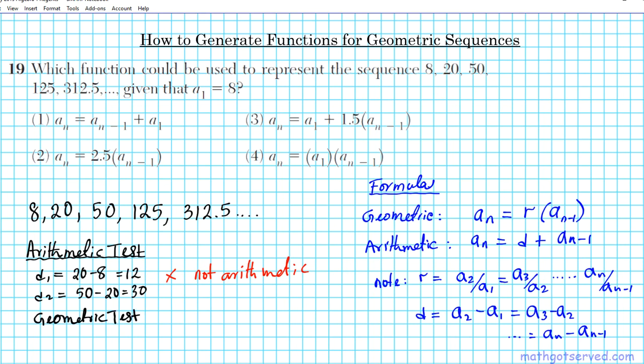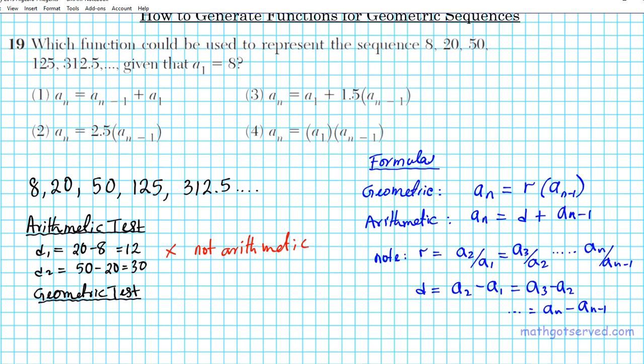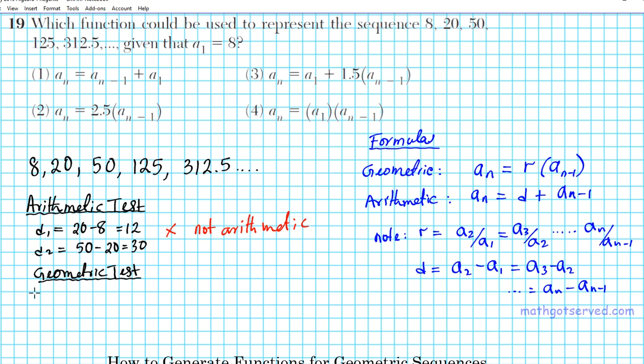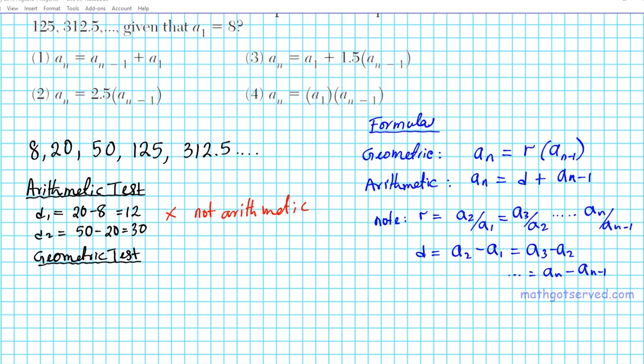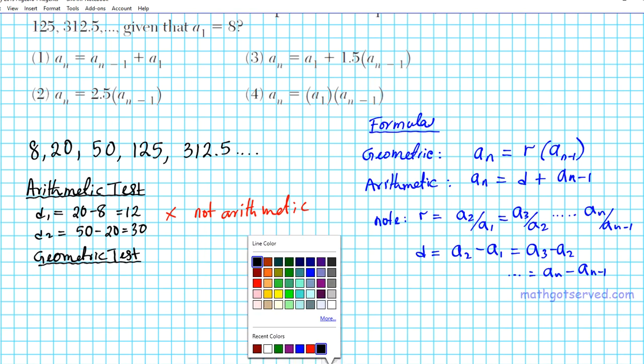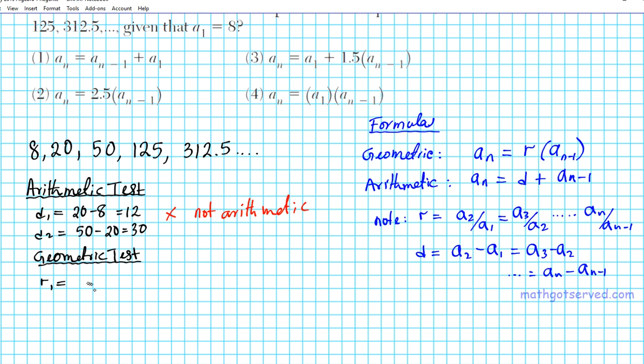Alright, so for arithmetic tests we're subtracting. Guess what we are going to do for the geometric? We're going to be dividing. Okay, alright, let's do it. Let's look for the common ratios to see if they are common. So for the first ratio, r1, we're going to divide 20 by 8.